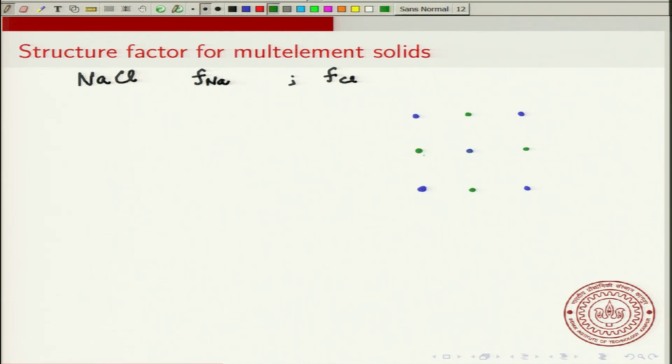The body center will be located at some height off the screen. So, these are the sodium atoms and these are the chloride ions, and now we can write the structure factor.